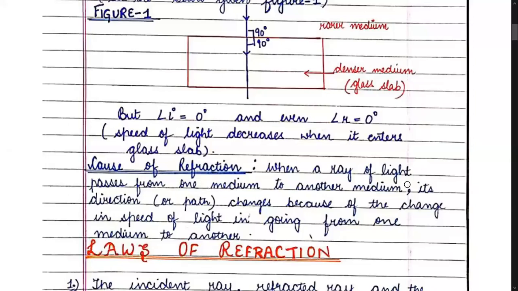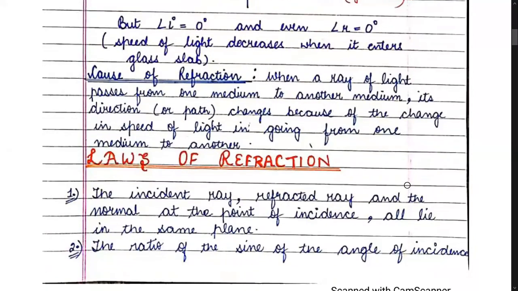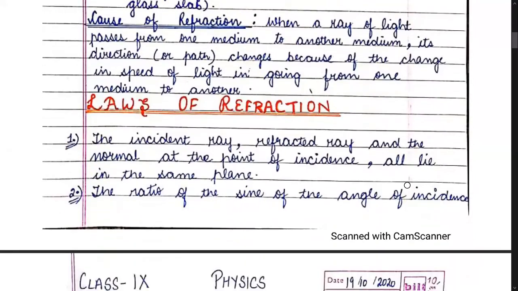So further now we are ready to discuss the cause of refraction. Students, when a ray of light passes from one medium to another medium, its direction changes because of the change in speed of light in going from one medium to another medium.